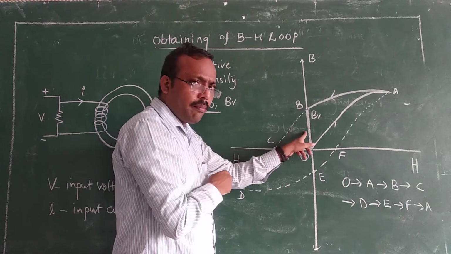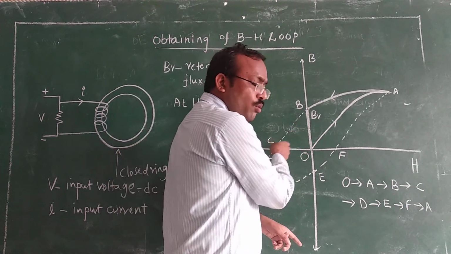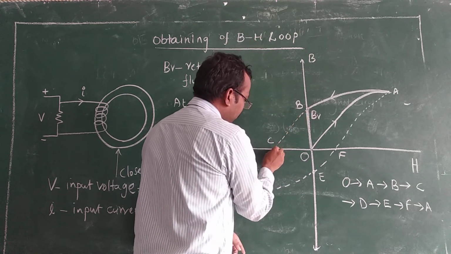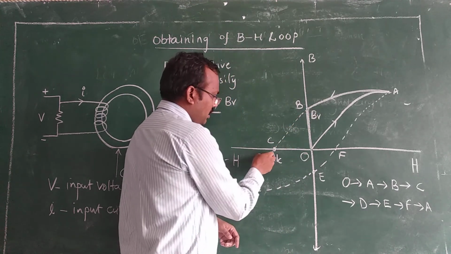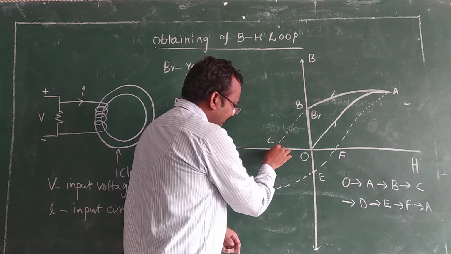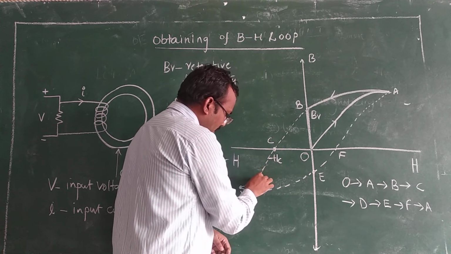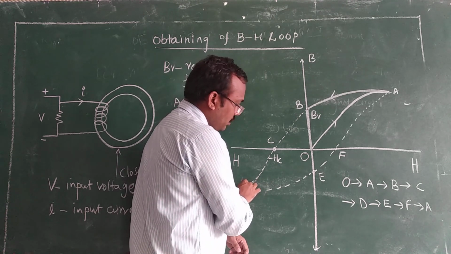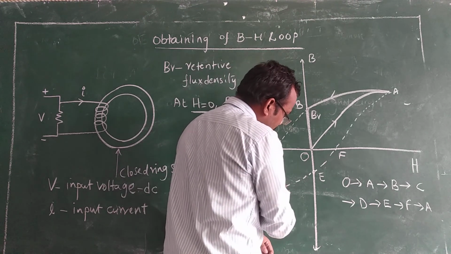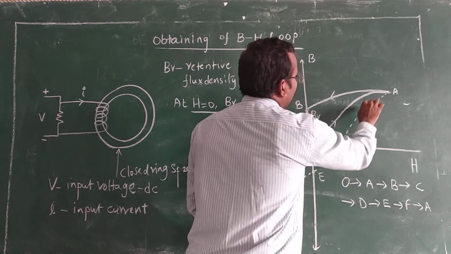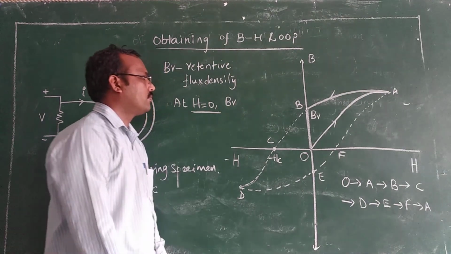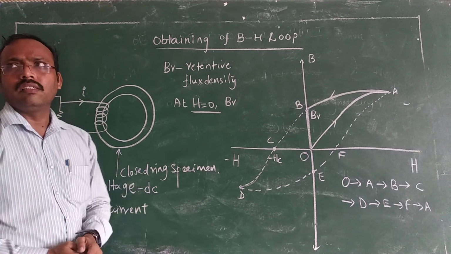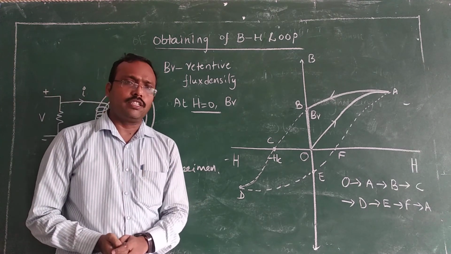To bring this to zero, the H needs to be in the reverse direction of the current. Next, further increasing current in the reverse direction, it increases linearly and reaches a saturating point. Again it decreases to 0 like this. Like this we complete one cycle. So this is a complete one cycle of the BH loop.